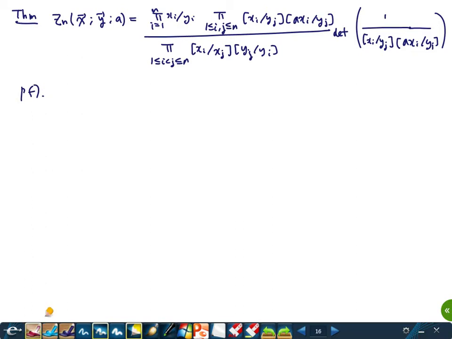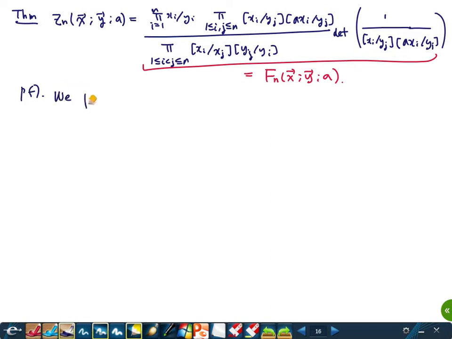We want to show this. Proof. Let's say the right-hand side, we define this to be F, and then we need to show that F equals Z. We prove Fn equals Zn by induction on n.